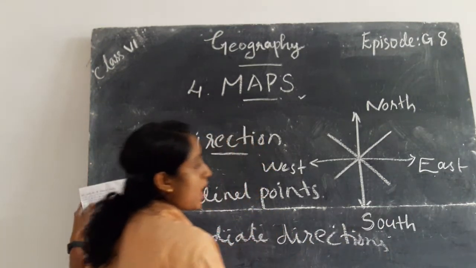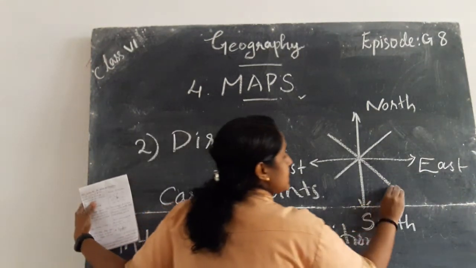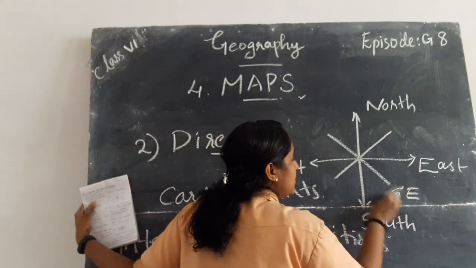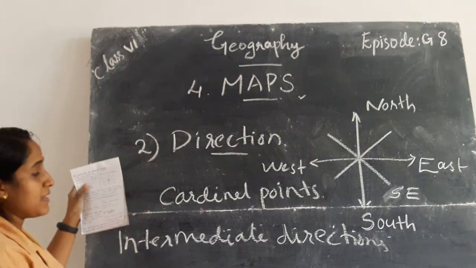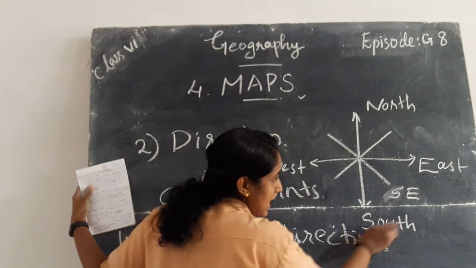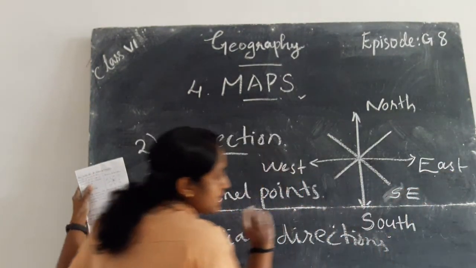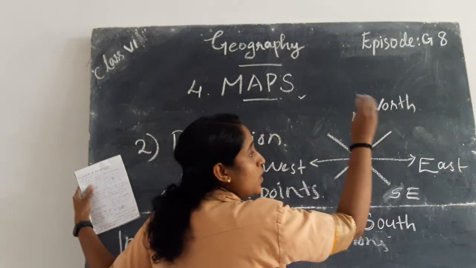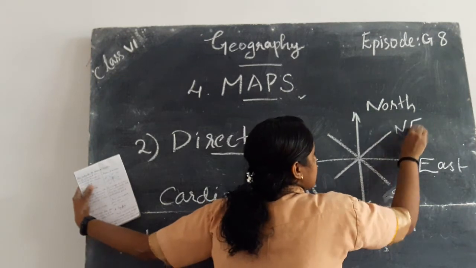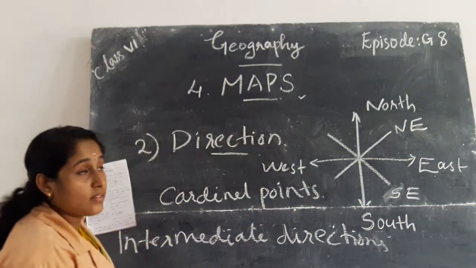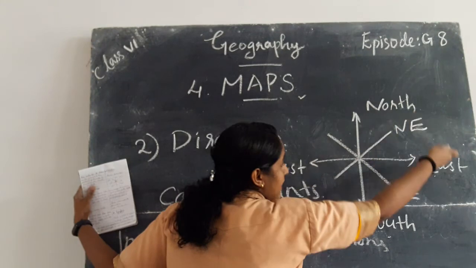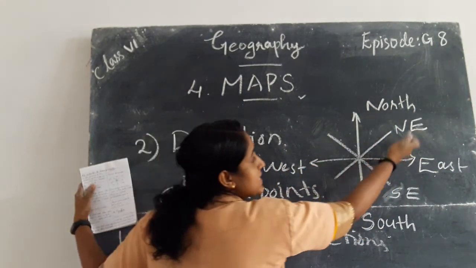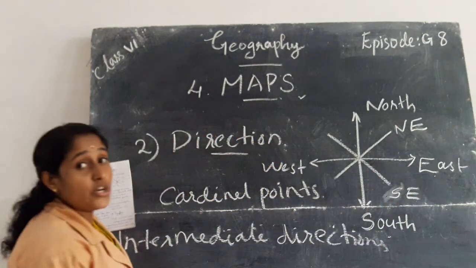That is the first intermediate direction, southeast. Between north and east, we call it northeast. Between north and east, the intermediate direction is known as northeast.